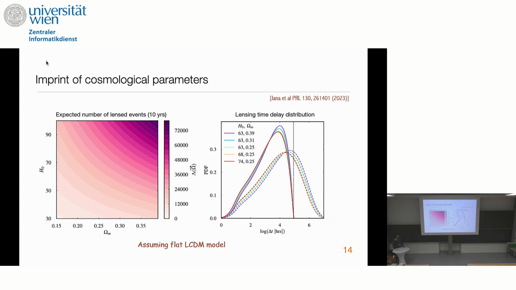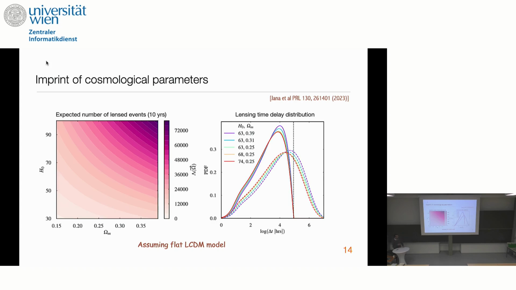This shows how the expected number of lensed events in about 10 years of observing time would change, assuming a flat lambda CDM model, as a function of omega m and the Hubble constant. For large values of omega m and Hubble constant, you get a larger number of events, and smaller values give a smaller number of events.